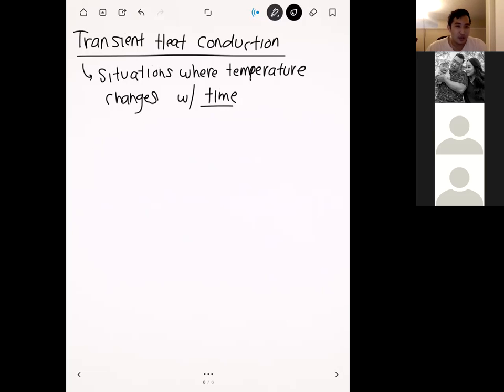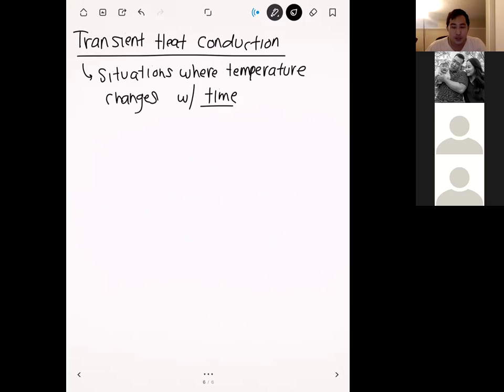So we're going to be solving problems with a different set of assumptions. But this will open up your playbook for what kinds of situations you can solve heat transfer for. In reality, a lot of heat transfer is time dependent.